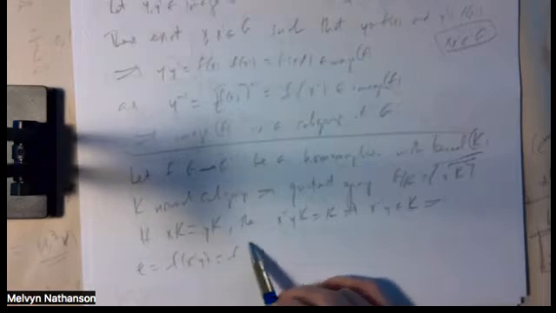which means f of x inverse y is the identity. But this is f of x inverse times f of y. So if I multiply by f of x, I get f of y. So if the left coset xK equals the left coset yK, then f of x equals f of y.